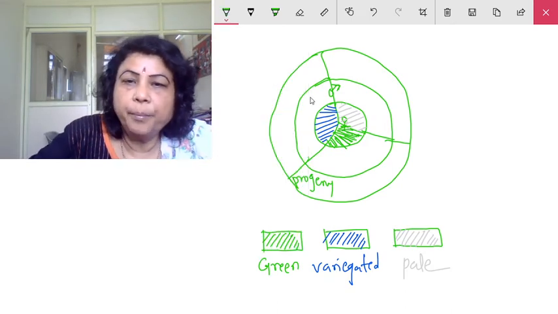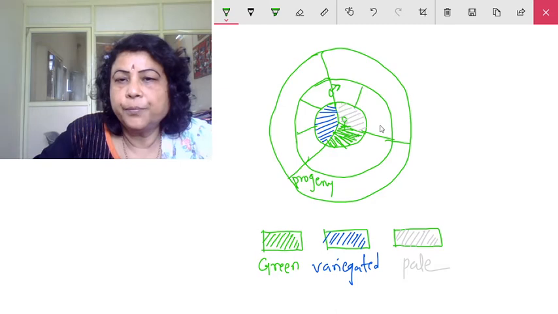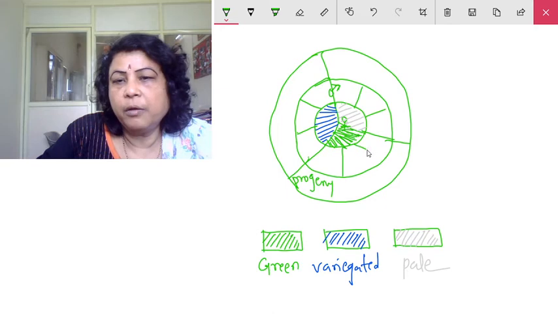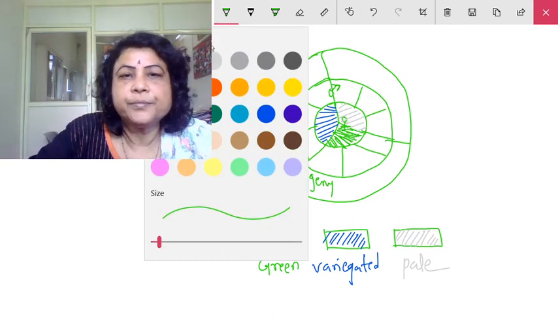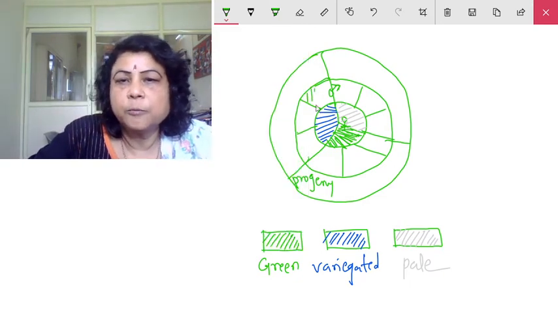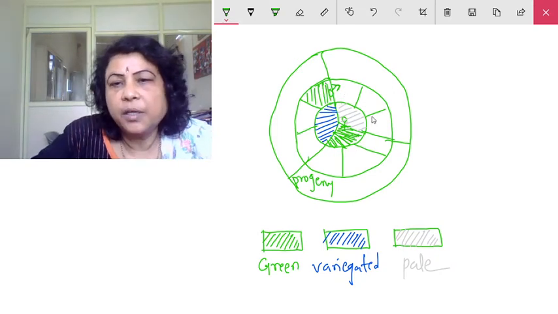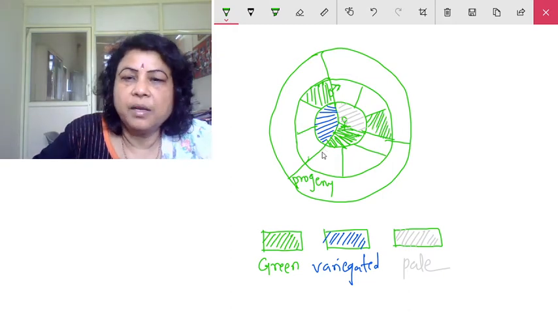Then the male may be either green or pale or variegated. Suppose it is green male.